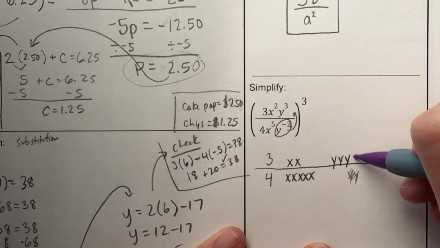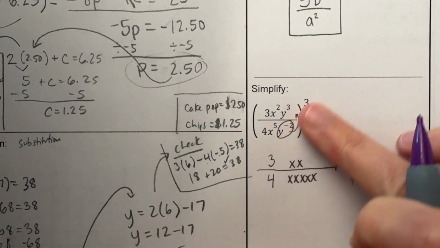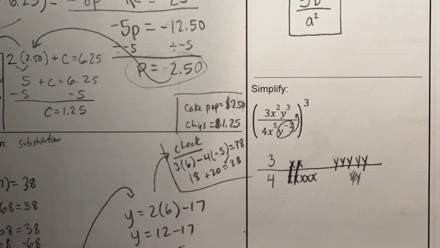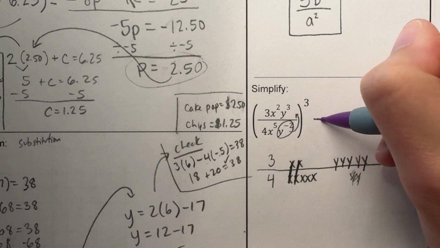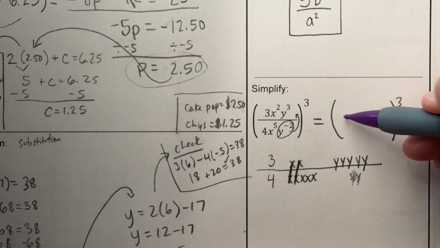They wanted to come up to the top. So the y's move up. And I noticed there are some x's that can cancel. Now what this ends up equaling, and I'm keeping the power of 3, I haven't even touched that yet.